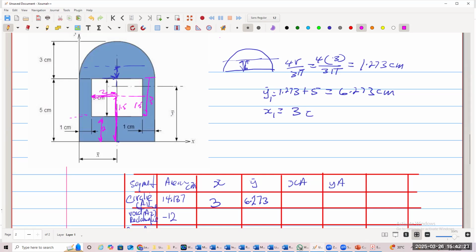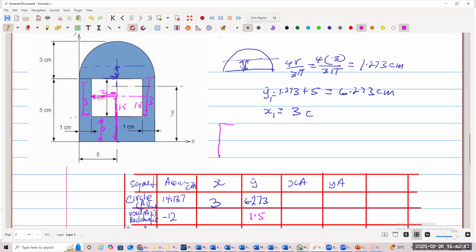So 3 from 5 must give you 2. So it is therefore going to be 2 plus 1.5. Agree? That's 1.5 for the y.